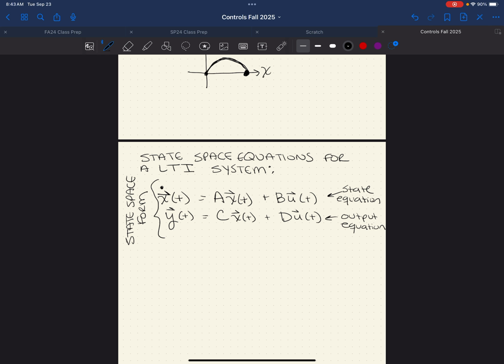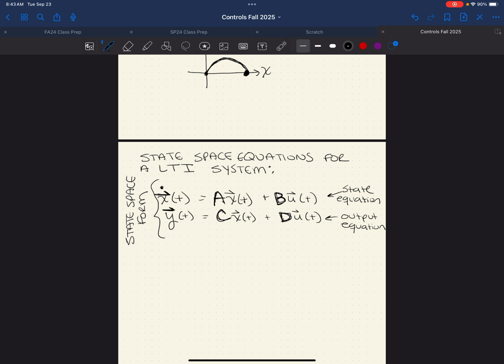Keep in mind here that I am showing vectors with this over arrow and matrices as capital letters. So x and u are both vectors, A, B, C, and D are matrices.